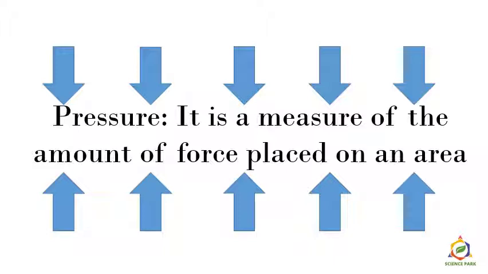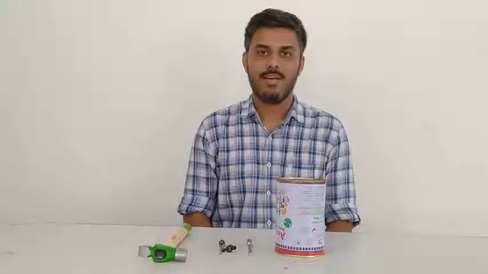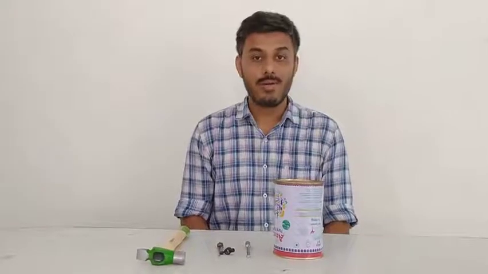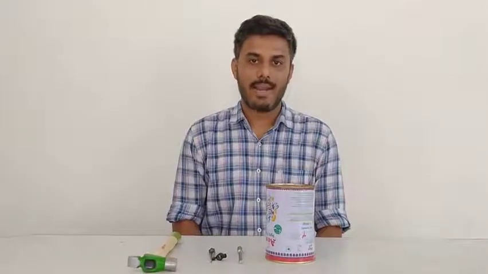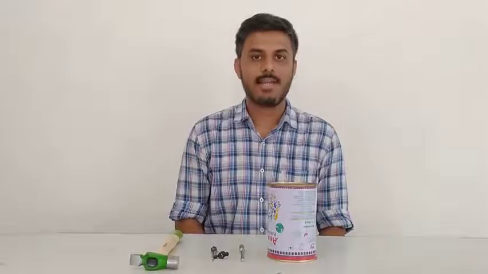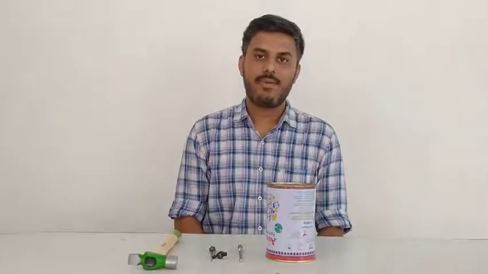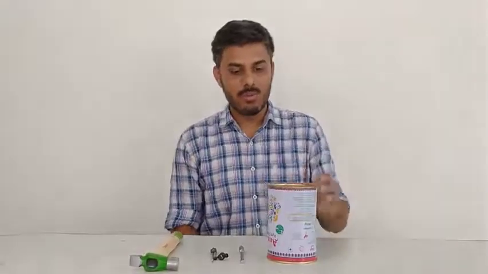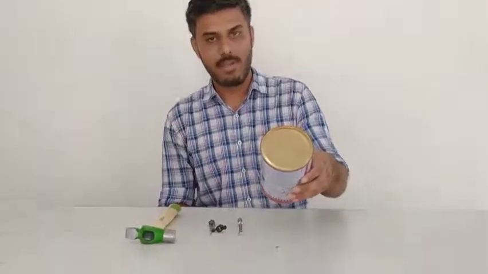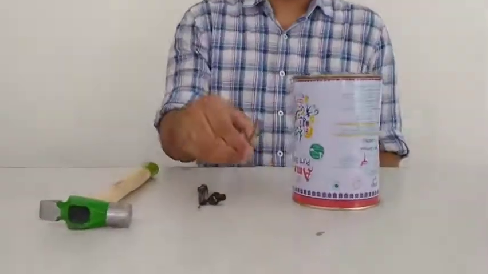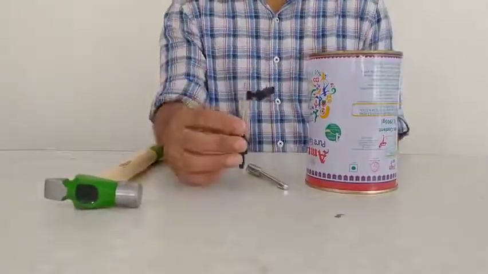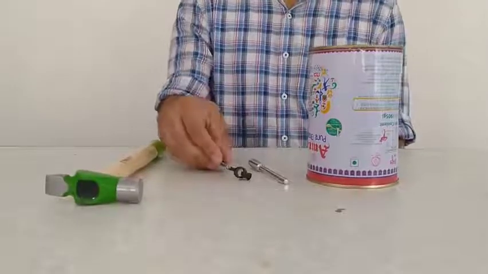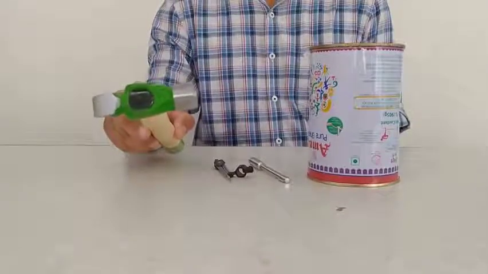So let's understand pressure better using a demonstration. In this experiment, we are going to learn about pressure. So as we saw, pressure is the amount of force that is placed on an area. So for demonstration of this, we will use a can made up of tin, a rod to make a hole, a rounder to make another hole, and a hammer to hit them.